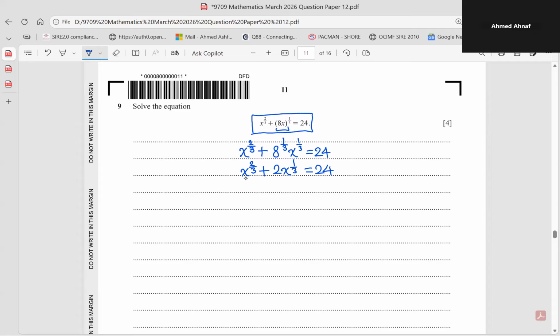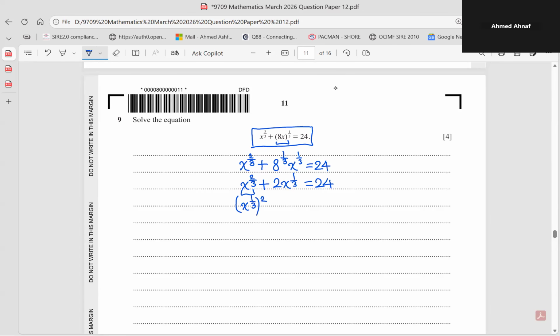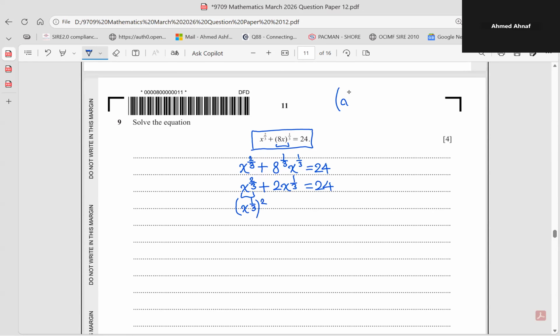So in this case, we can make this term into just x to the power of 1/3, to the power of 2. So I'm using this law of indices: a to the power of b to the power of c, you can split it to make it a to the power of b, bracket, to the power of c. Yeah, so this is the technique I'm using.